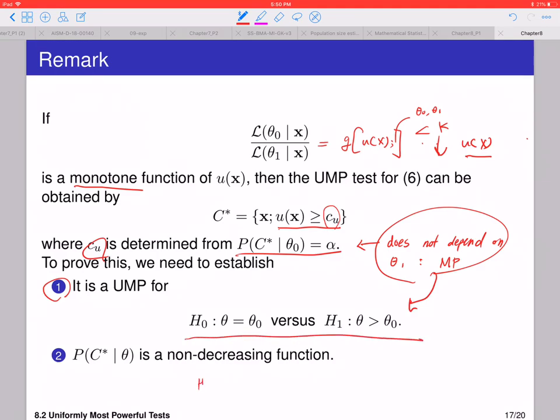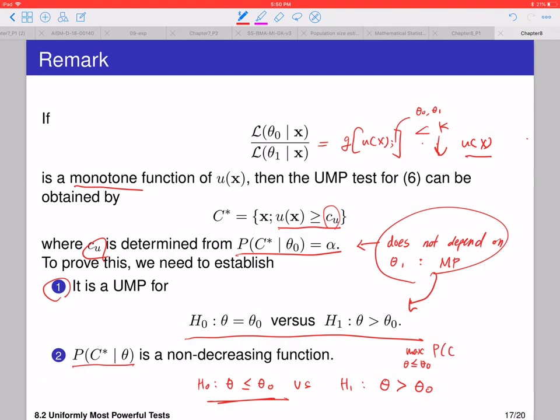To prove the second part, it is also UMP for this hypothesis, right? Composite versus composite. In this case, we need to show that this is a non-decreasing function, because we want to make sure that it satisfies the level alpha condition, which is the maximum of the.